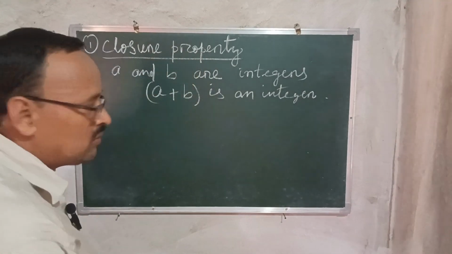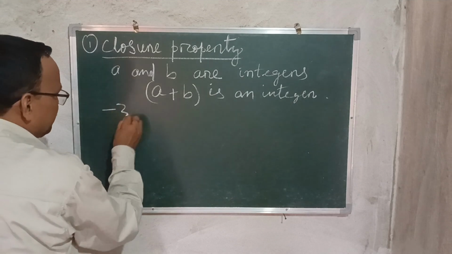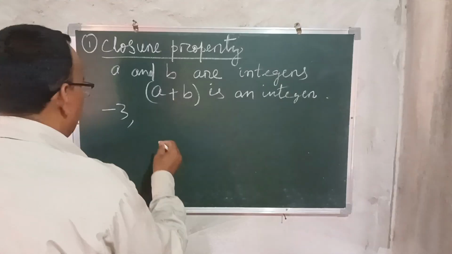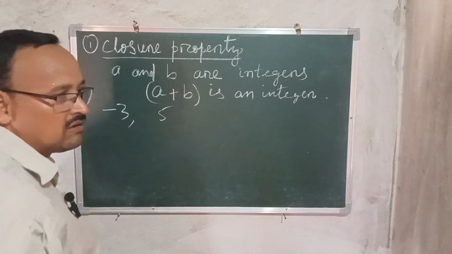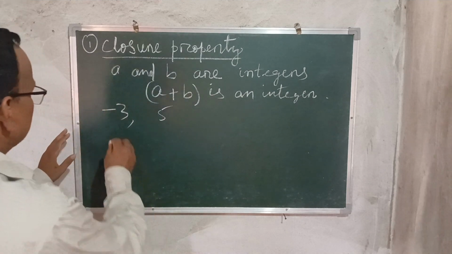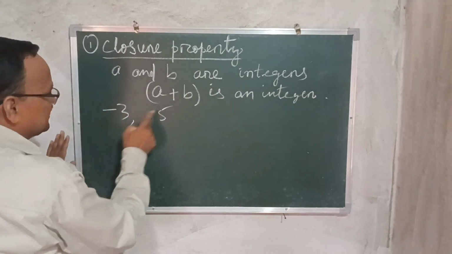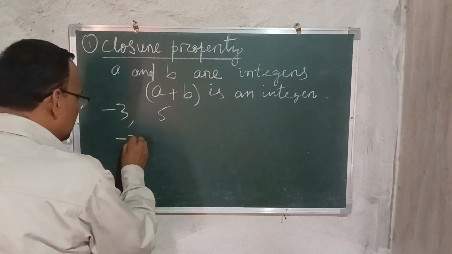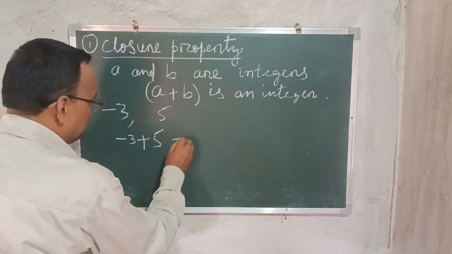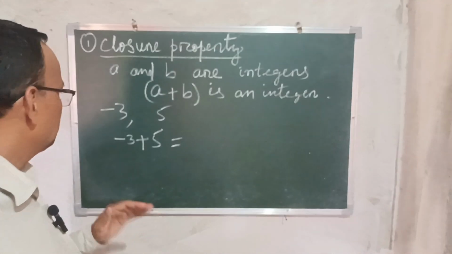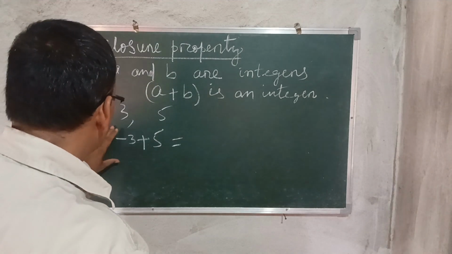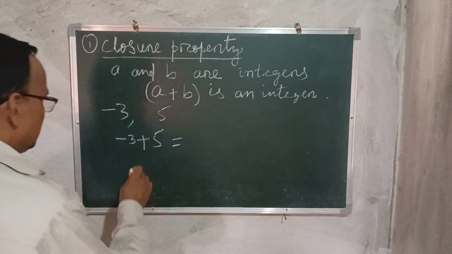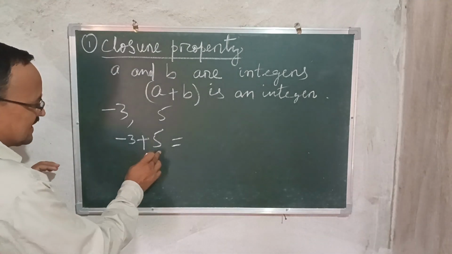We take an example: minus 3, that is an integer, and 5, that is an integer. If we take the sum, in this case this is A and this is B, then that sum will be minus 3 plus 5. What will that be? Using the addition rule of integers, they are of unlike sign.